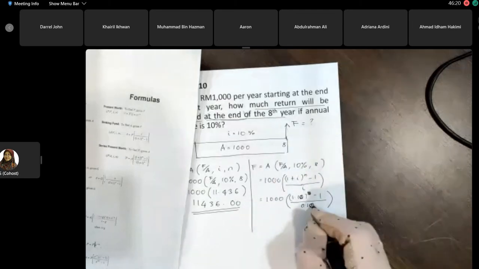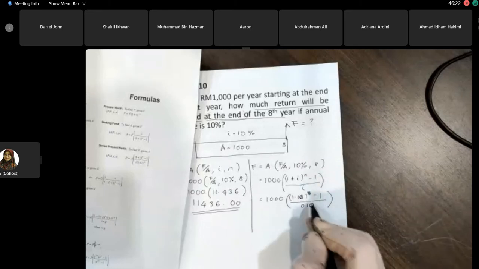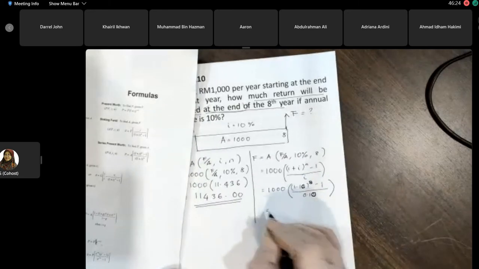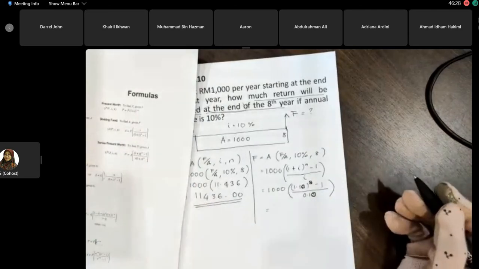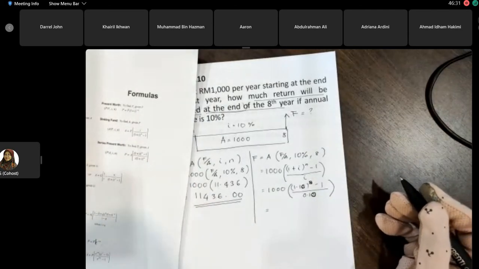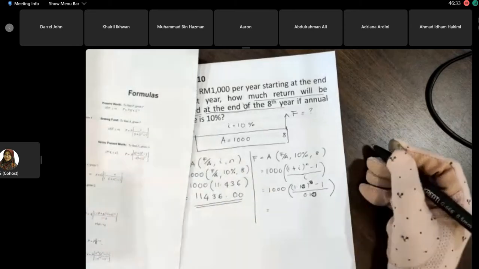1.10, 10% air dia. So you will get the answer, okay, berapa jawapan dia? Ini senang kan? Dia ada yang susah sikit nak tekan tu. What is the answer?